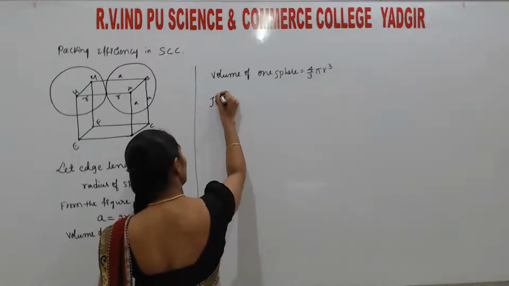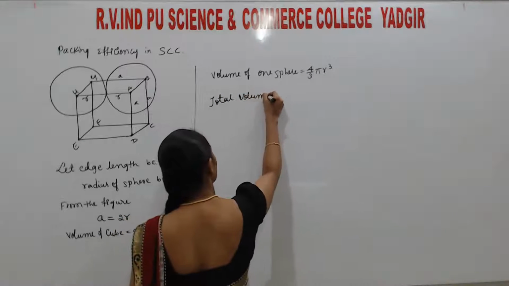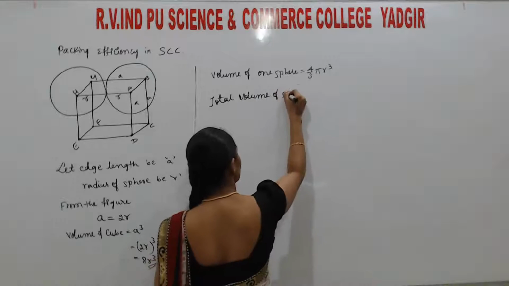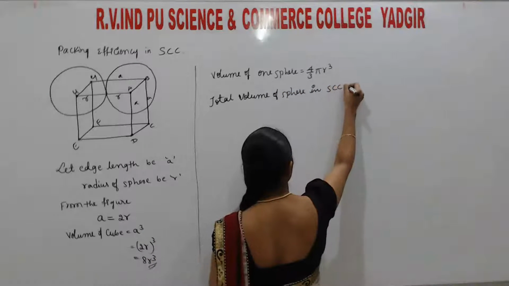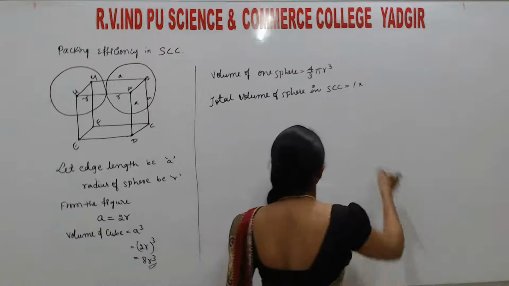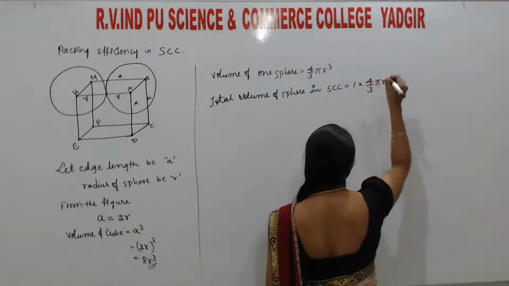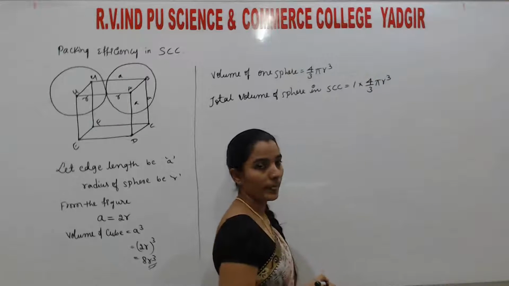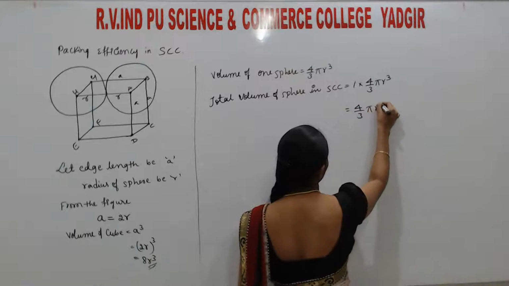So total volume of sphere in SCC. In SCC, number of atoms per unit cell is 1 and that volume is 4 by 3 pi r cube. Okay, then it is of course 4 by 3 pi r cube.